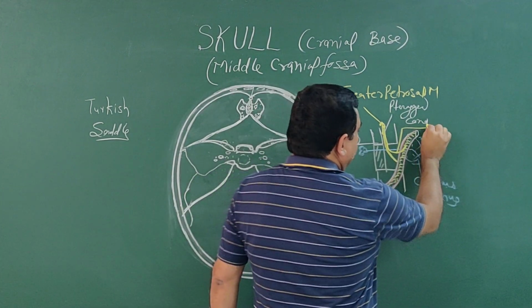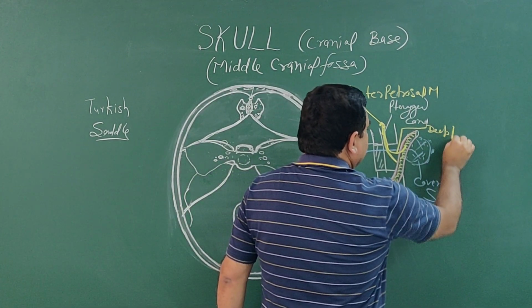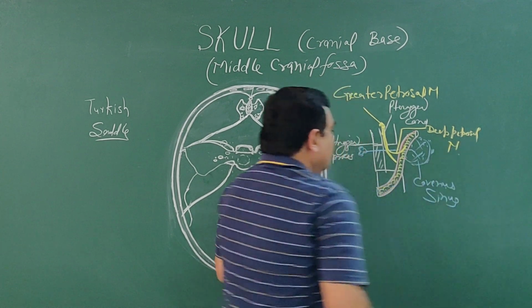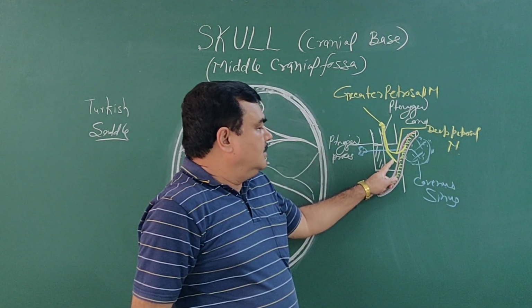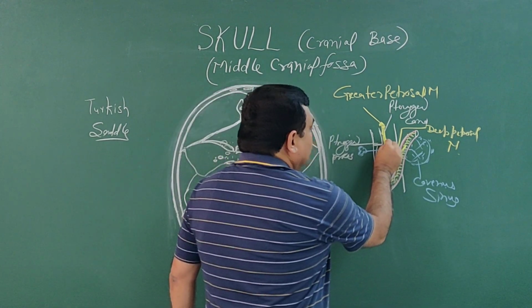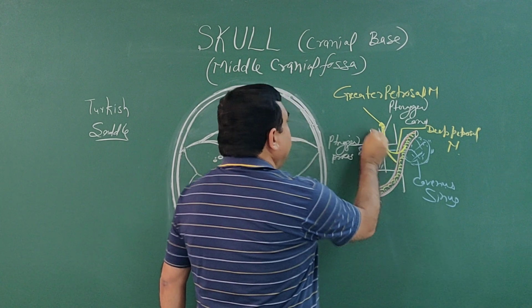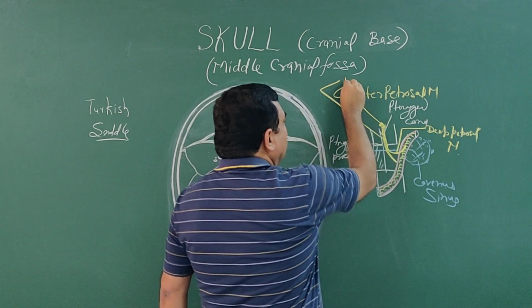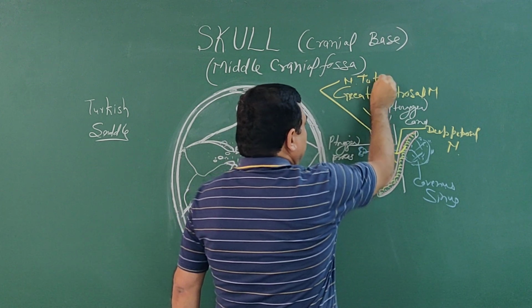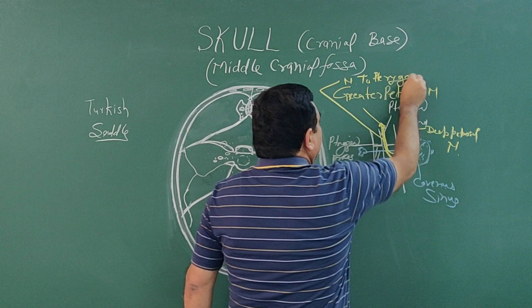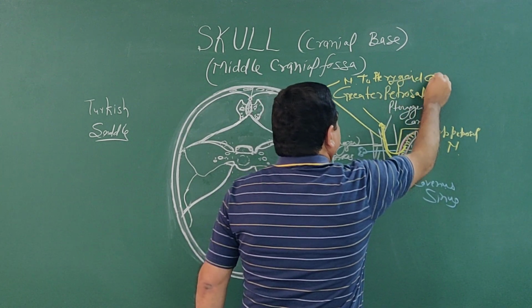So the greater petrosal nerve and deep petrosal nerve join to form the nerve to the pterygoid canal.